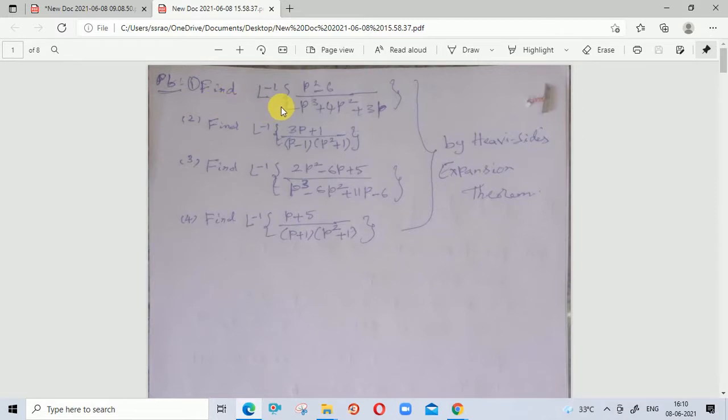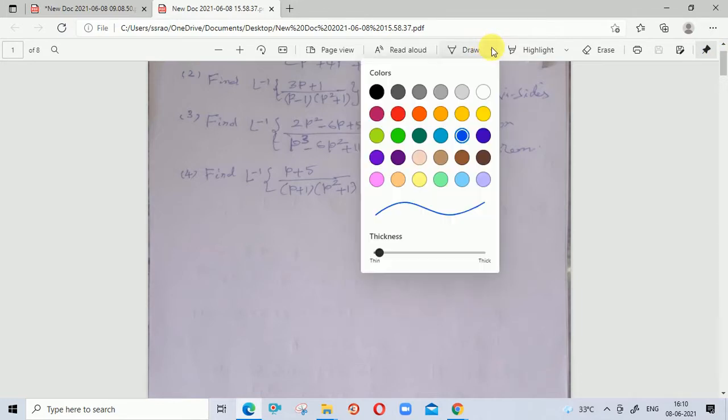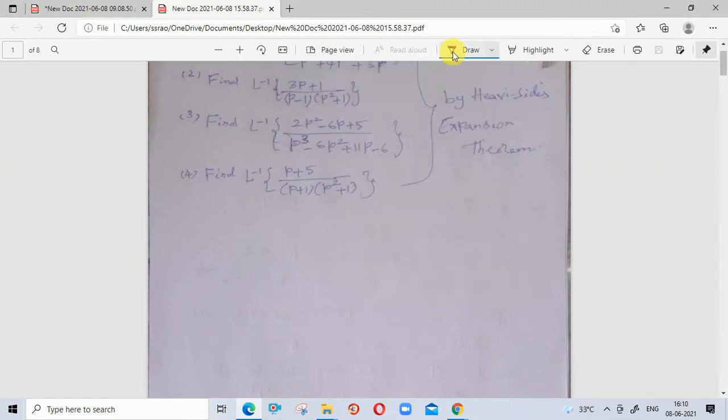Find L inverse of (p square minus 6) divided by (p cubed plus 4p square plus 3p) by Heaviside's expansion theorem. Okay, we solve this problem. Solution, first problem.